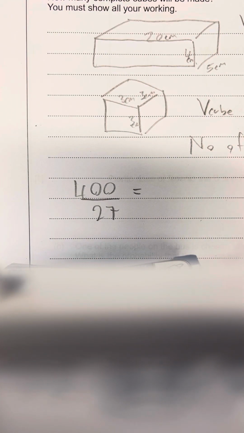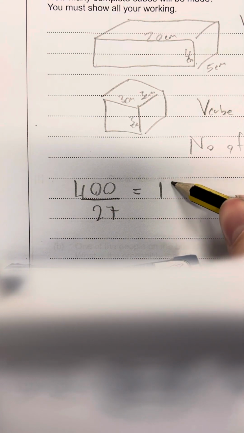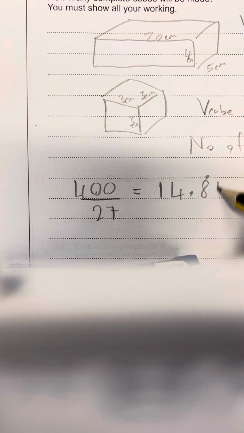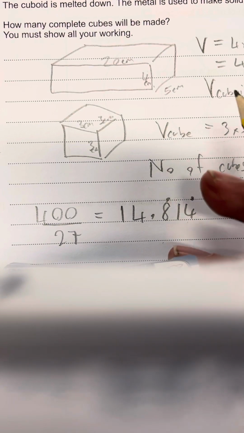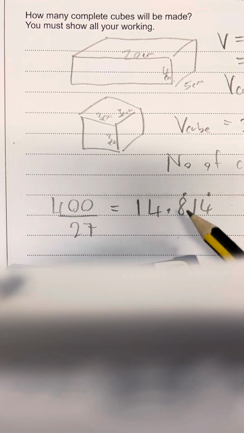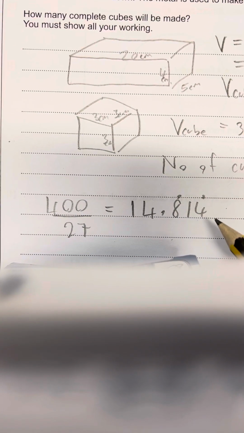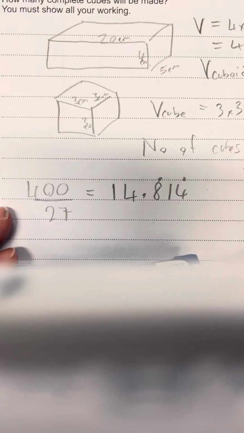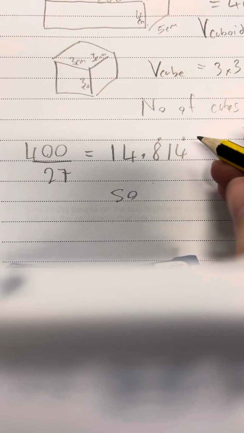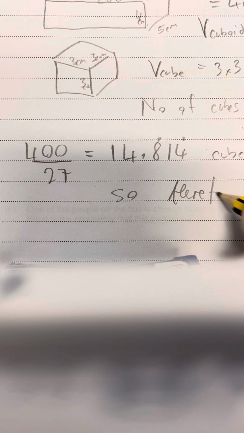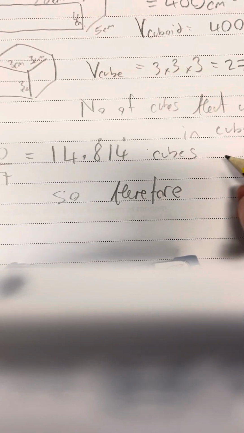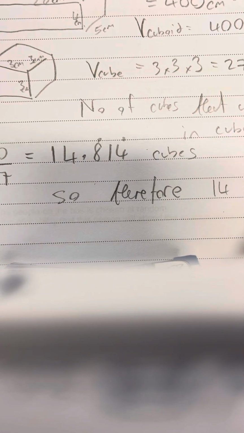So 400 divided by 27 on your calculator, and I get 14.814 recurring. The question asks, how many complete cubes will be made? So we get 14 and a good bit, but the answer to the question is 14 cubes. So therefore, 14 complete cubes.